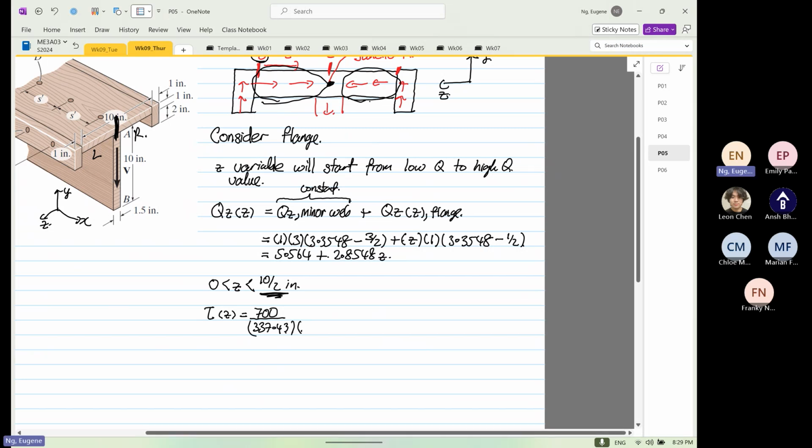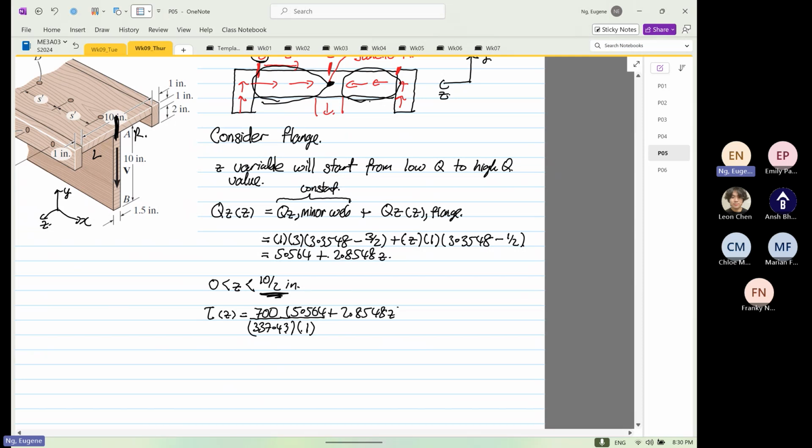Thickness is perpendicular to the shear flow, which is 1. And then is this function over here, 5.564 plus 2.8548 as a function of as a variable Z. So this is equal to 700 times 5.564 divided by 337.43 divided by 1 is 11.543.